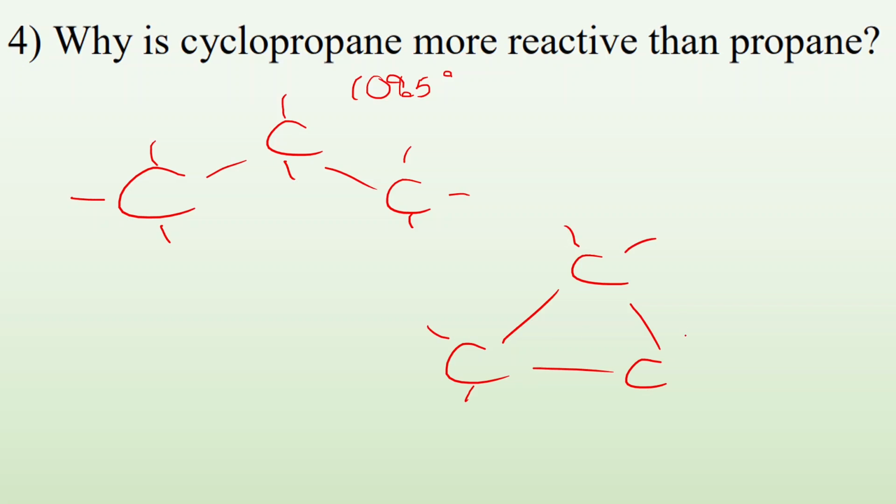So all these carbons, instead of having 109.5 as a bond angle, they only have 60 degrees. So those bonds are stressed. They want to break so that they can form a straight line, because picture the bonds being like springs. You have to stress those springs to make that triangle. So that's going to make it more reactive.